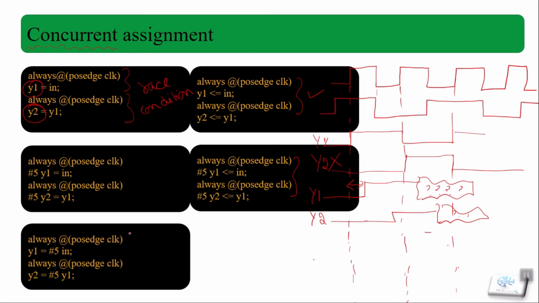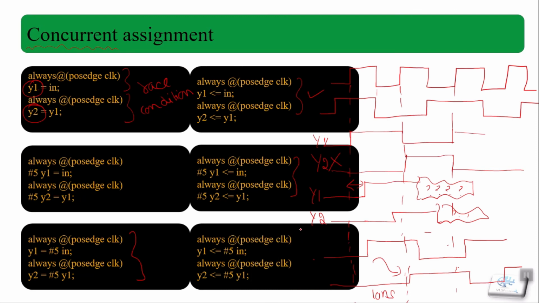Now about transport delay. The transport delay works fine, and we get a similar execution with Y1 shifted by a delay of 5, and Y2 similarly shifted by 5 plus 5, 10 here, and the same goes for our non-blocking assignment statement.